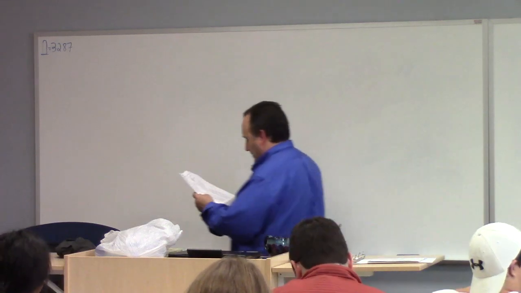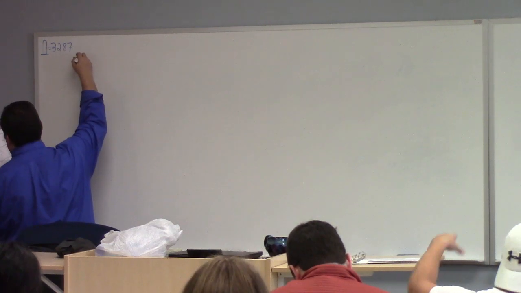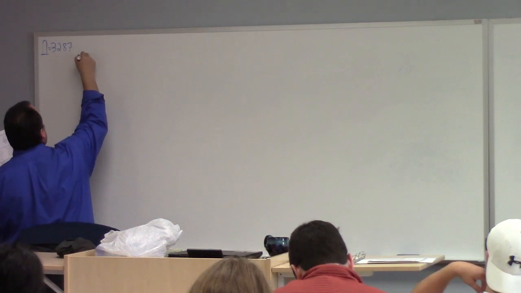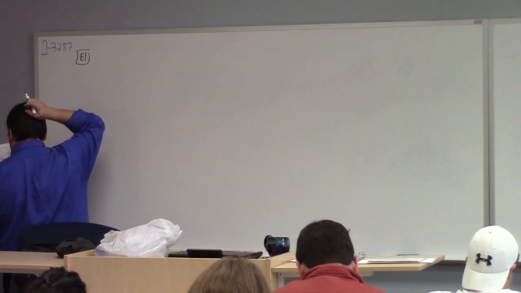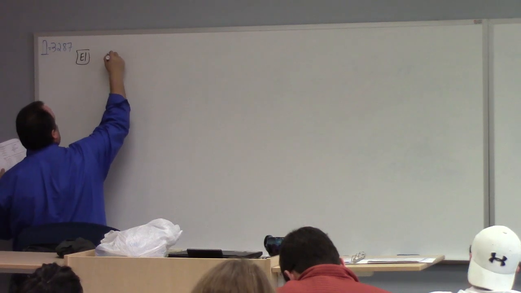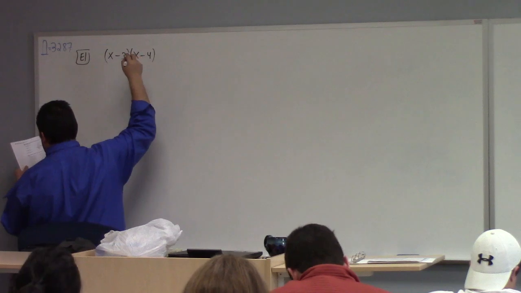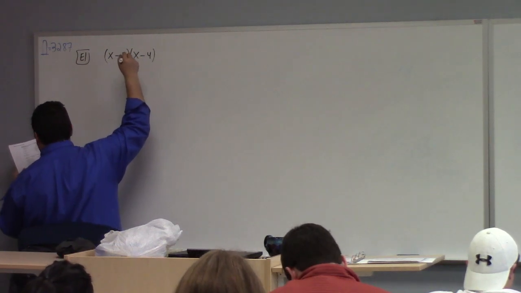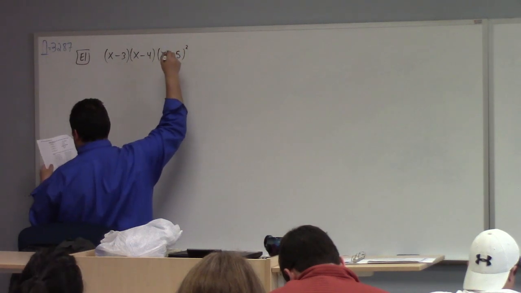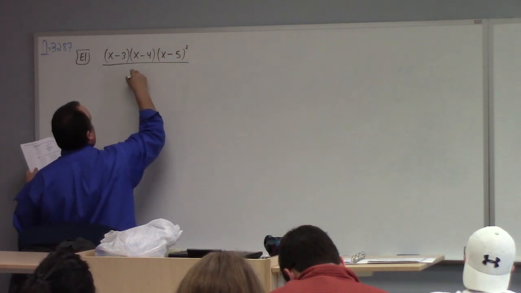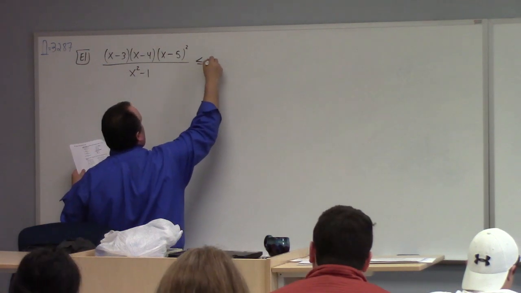So here, let me take a swing at one of these. Oh, 3.5. I suppose it is. Example 1. Suppose we're up against (x minus 3) times (x minus 4) times (x minus 5) squared, divided by x squared minus 1, less than or equal to 0.